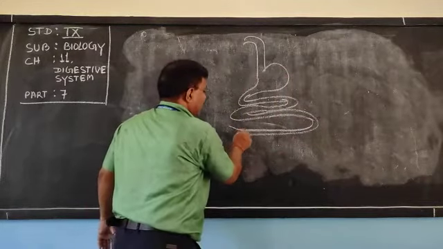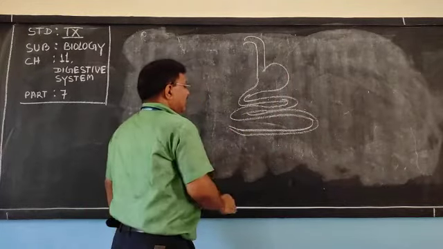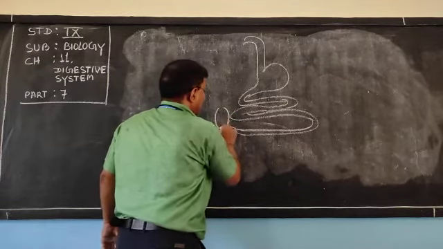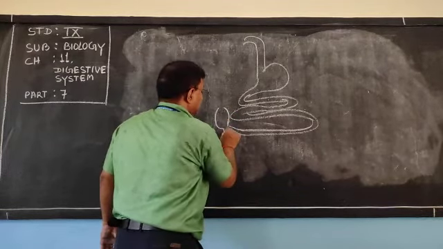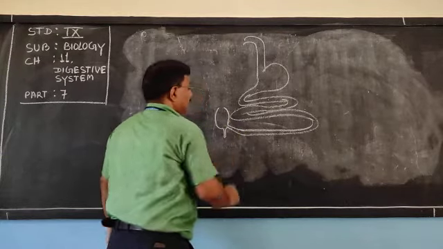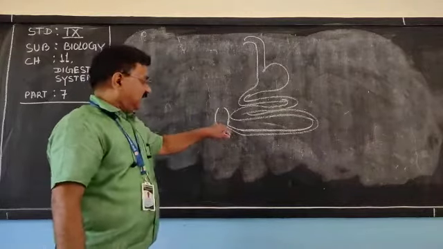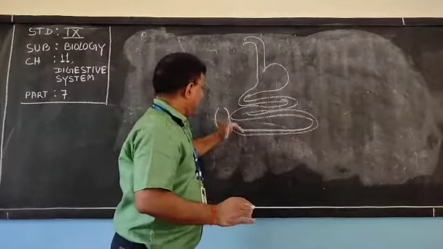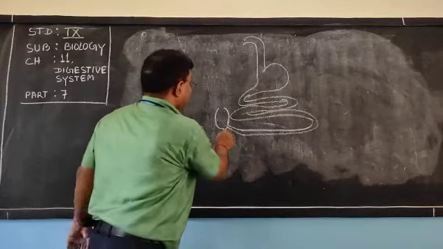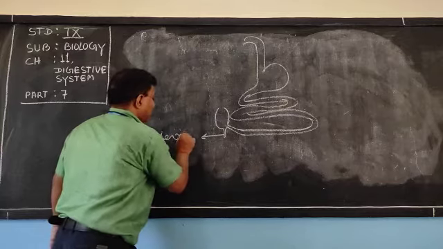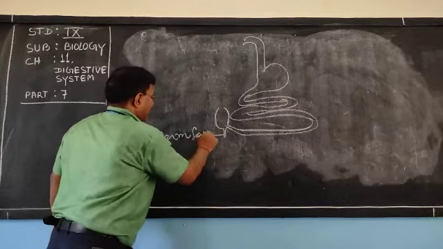Here, see, the small intestine ends in a blind pouch. It meets a blind pouch, and this is the vermiform appendix.